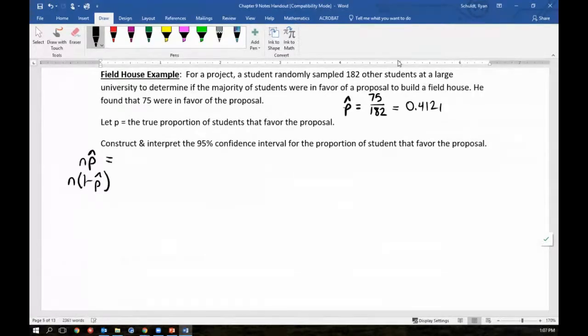So let's do that. 182 times 0.4121 would be what? 75.0. Is that greater than or equal to 10?